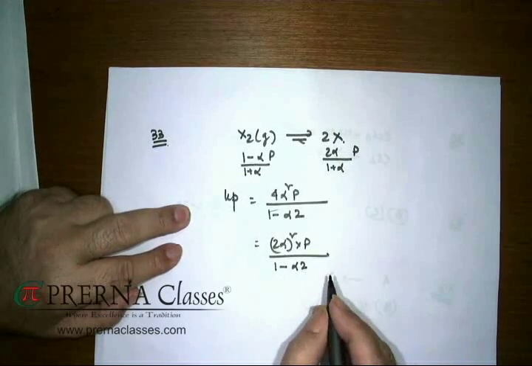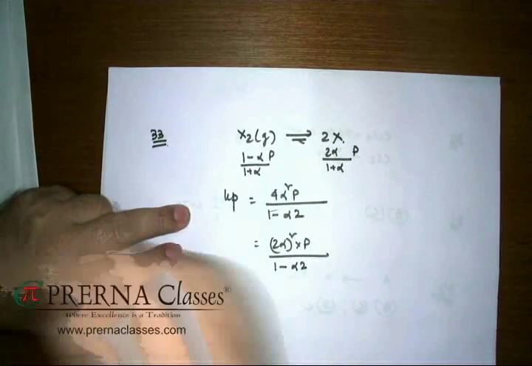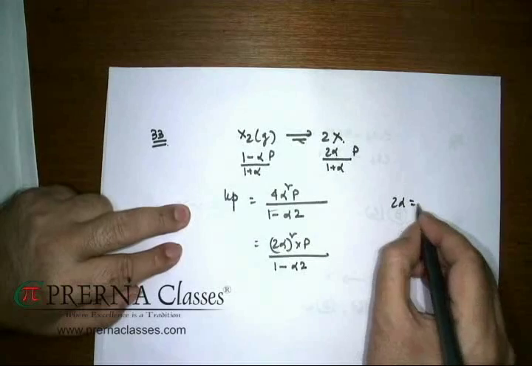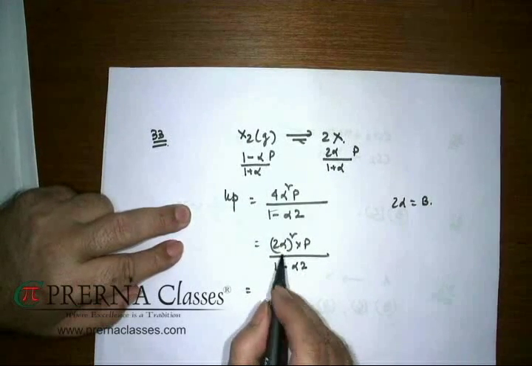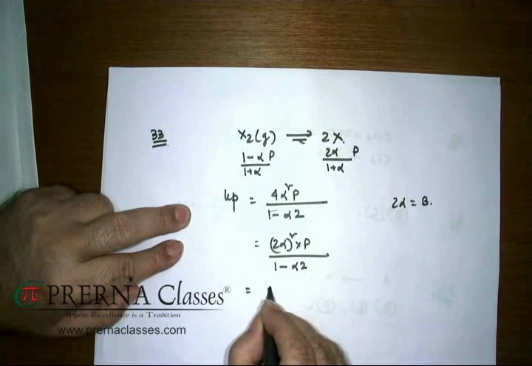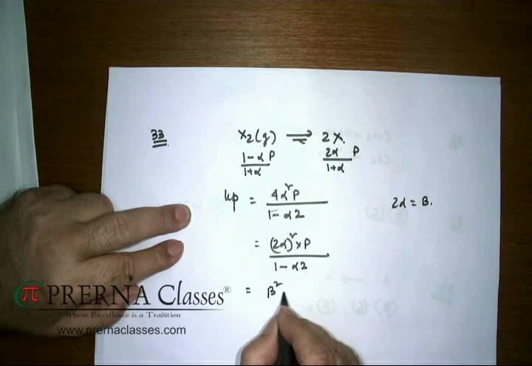Now, according to this question 2 alpha is equal to beta, so therefore this is beta square, and what is P?